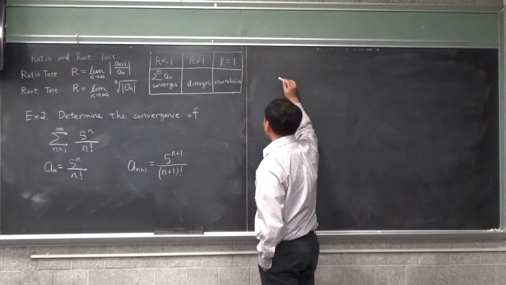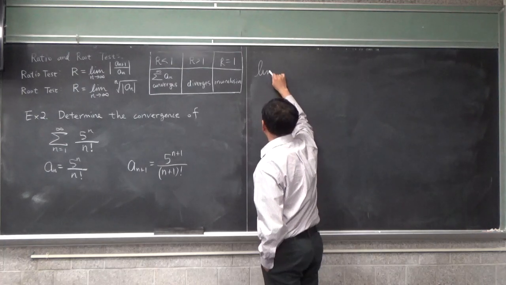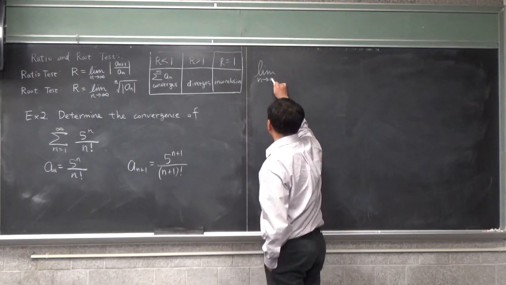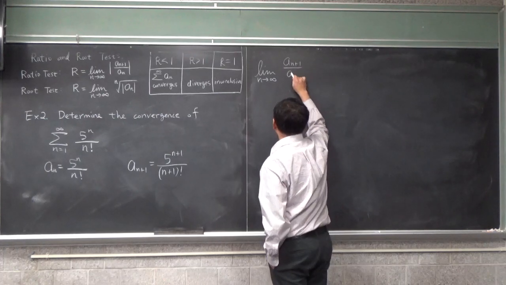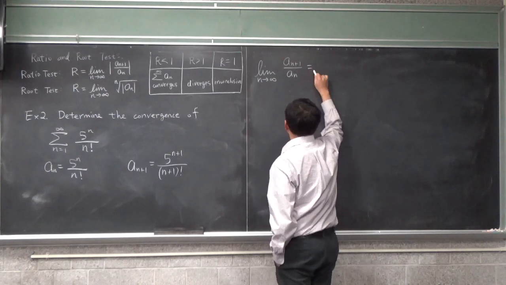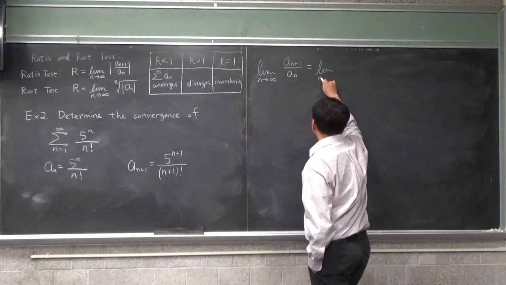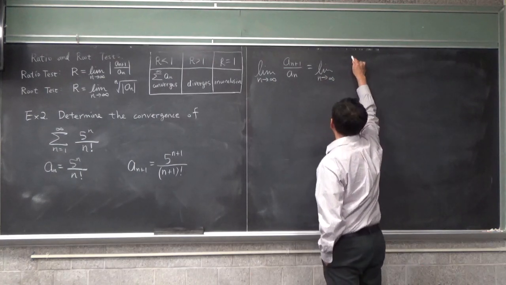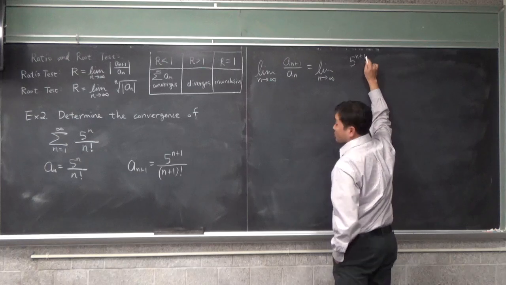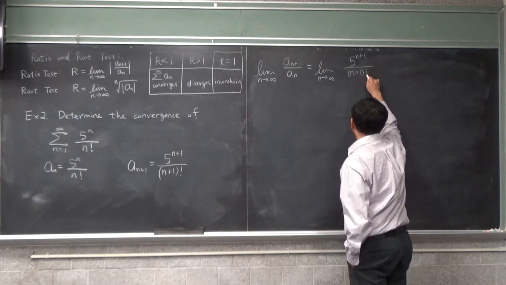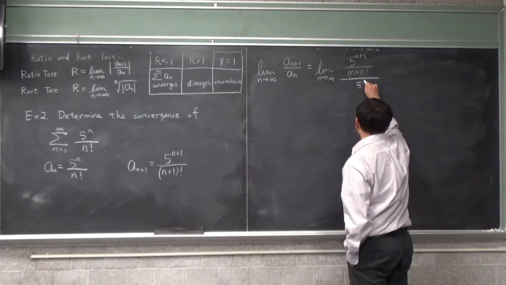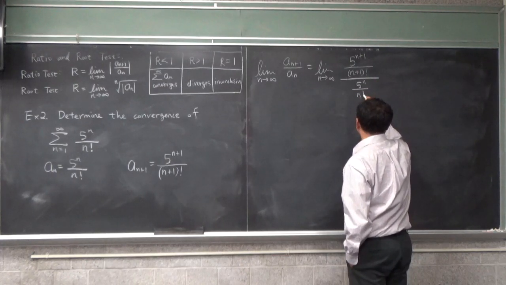Okay, so now let's take the ratio and take the limit. The limit as n goes to infinity of a_(n+1) divided by a_n is the limit as n goes to infinity of 5 to the n plus 1 over n plus 1 factorial divided by 5 to the nth power over n factorial.